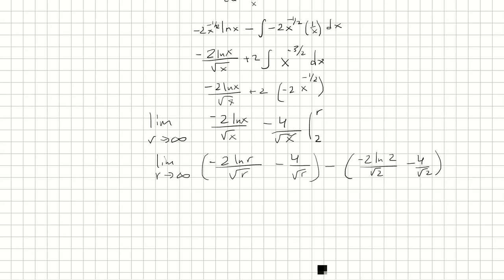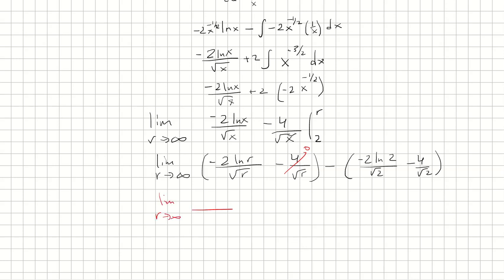As r approaches infinity, 4 over square root of r is going to go to 0. And then we just need to focus on negative 2 ln of r over square root of r. That's going to be negative infinity over infinity, so we can use L'Hopital's rule.